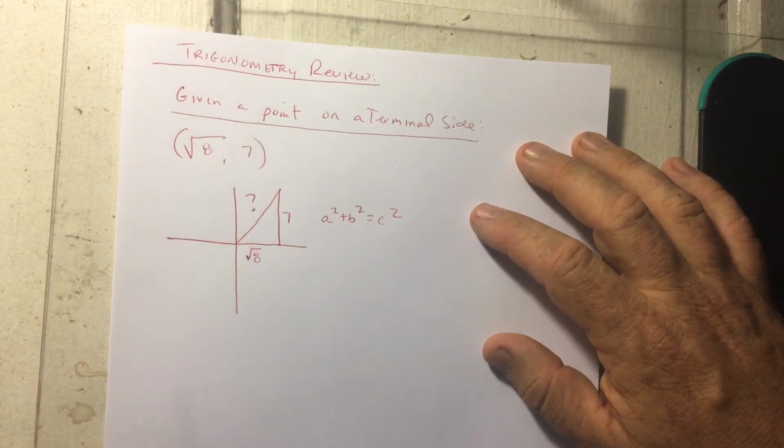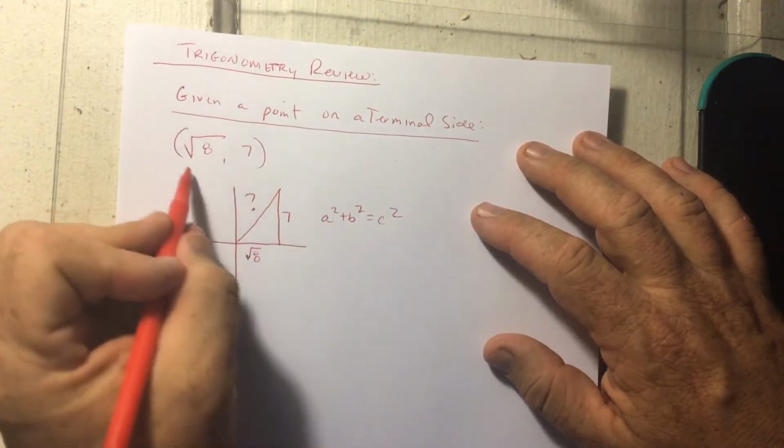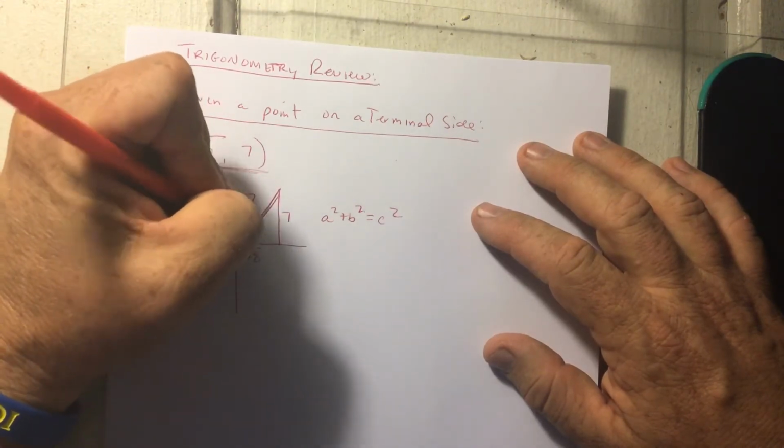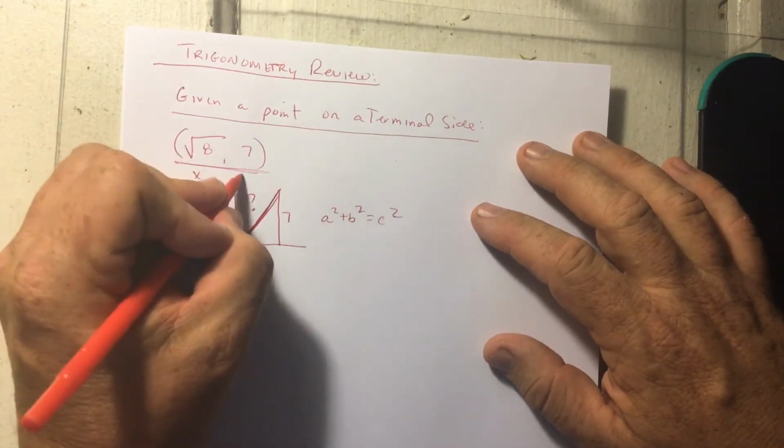And then you find whatever they want from there. So you can do sine, cosine, secant, tangent, whatever the problem's asking you. So don't forget, when you're given a point and they want the terminal side, that's all they're asking you for. That's x, this is y.